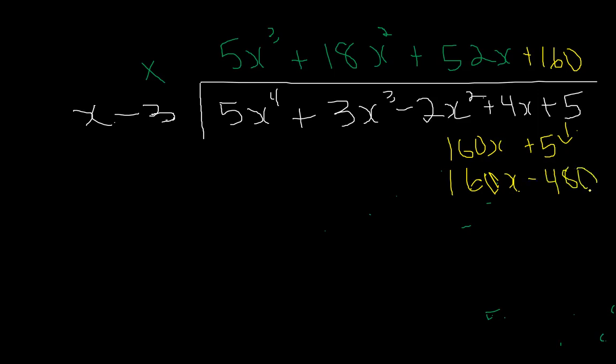Remember, we are always subtracting them. 160x minus 160x gives me 0. 5 minus minus 480, so minus and a minus is a plus. And that's why my remainder in this case is 485.